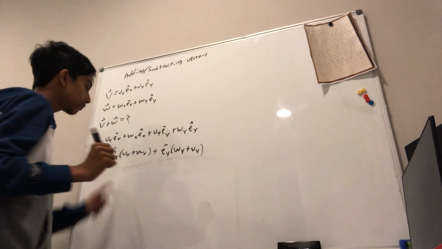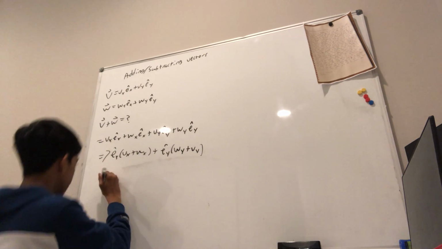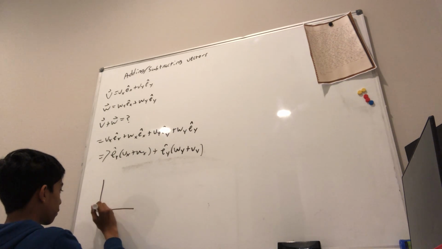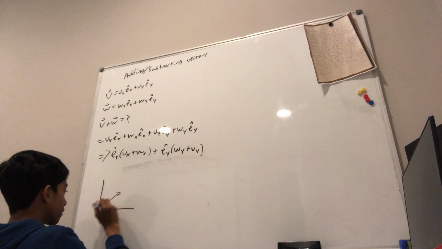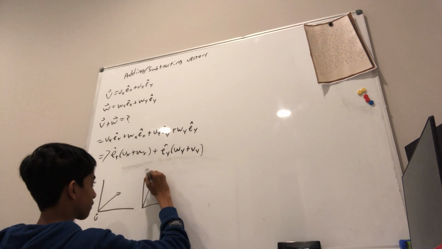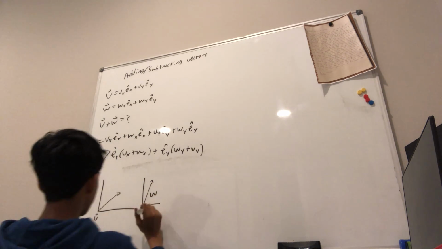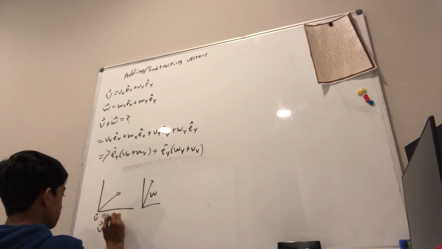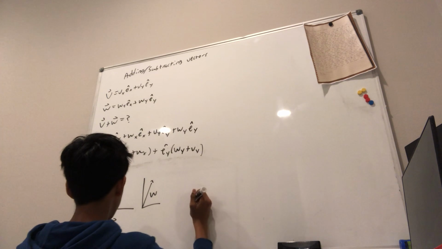There's also a way to visually represent it. So let's say we have vector v and vector w. If we wanted to add v plus w, the graph of that would basically be tip to tail.